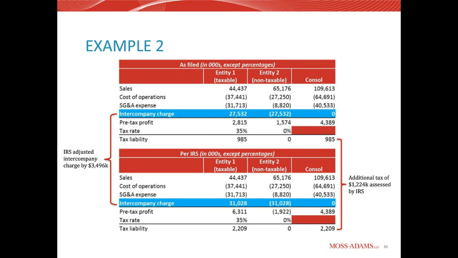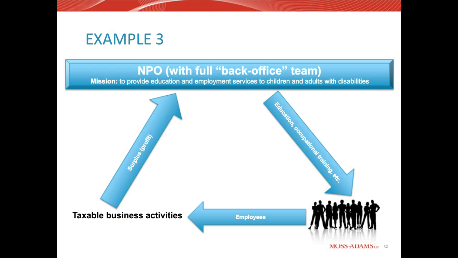Now, the final example. In the first two examples, you'll note that there were multiple legal entities within the same group. They just happened to be within the same jurisdiction. Here's a situation where we have a single entity not-for-profit organization, and this entity's mission is to provide education and employment services to people with disabilities, to whom the organization refers as their clients.